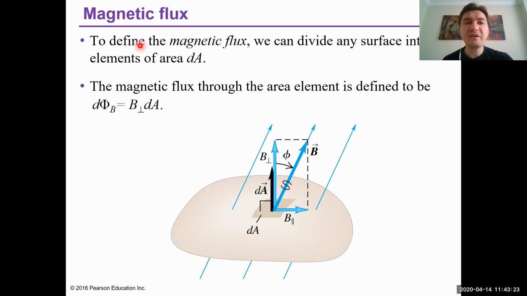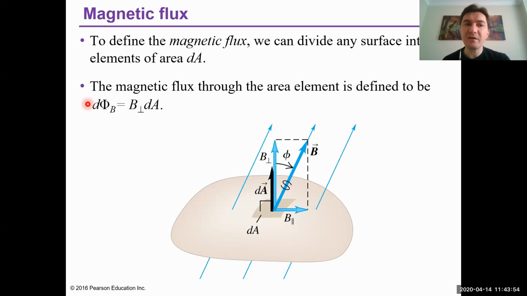So in order to define the magnetic flux, we can divide any surface into elements of area dA, very small. Here we have, let's say, a surface, and we divide that surface into very small dA areas. The magnetic flux through the area element is defined with that expression. Remember that we used phi E for the electric flux, but for the magnetic flux, we use phi B, okay?